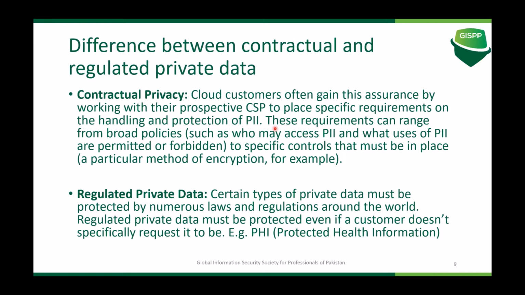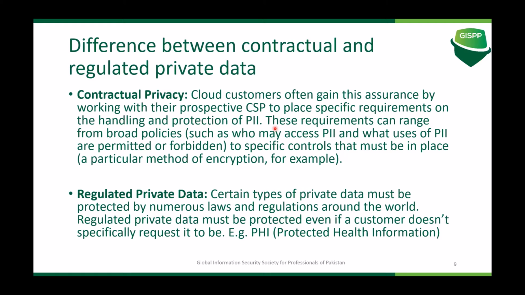So in this case, cloud customers might not have to meet a regulatory requirement for privacy, but for a number of other reasons, they want to keep that data private. So that way they can work with cloud service providers and write a contract in a way that protects the privacy of individuals in the cloud service provider data.